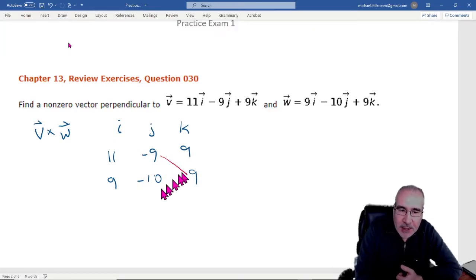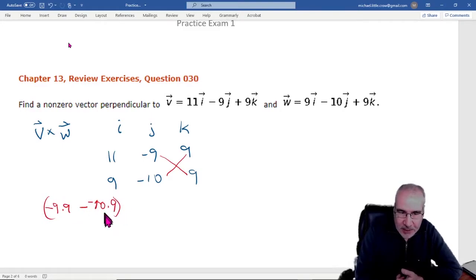So it's negative 9. Let's see, where should I put that? Let's go here. Negative 9 times 9 minus 9 times negative 10. I'll put the negative 10 first. The nice thing with the multiplication of numbers is you can do it in either order. So that's going to give us our i component.